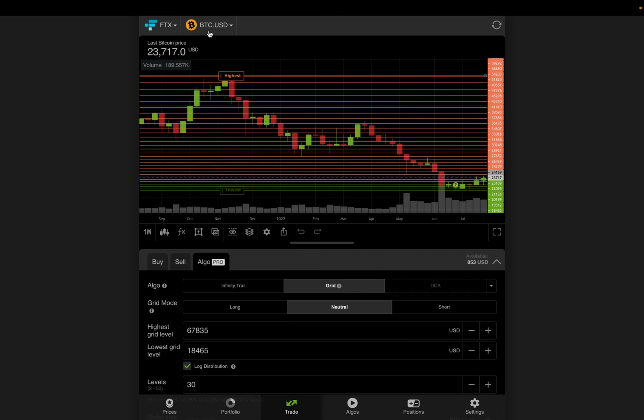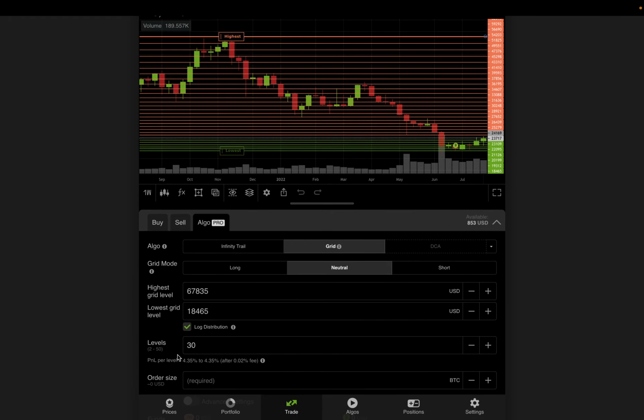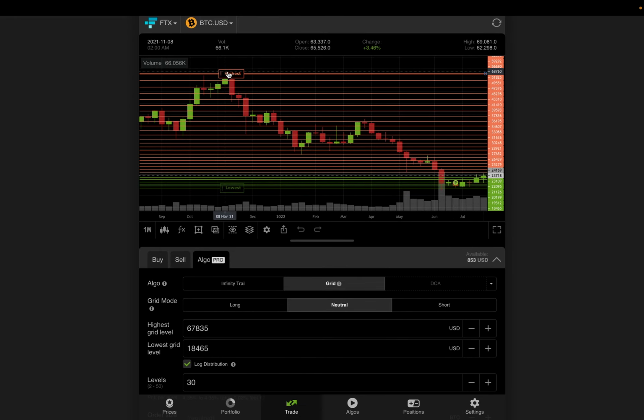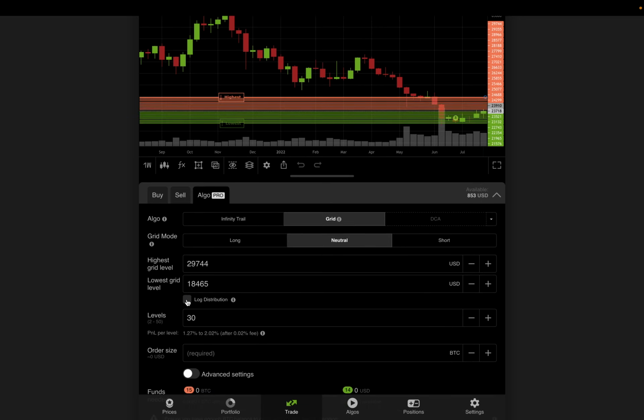For example, you're running not on BTC USD, but maybe BTC ETH, or BNB ETH or other altcoins versus altcoins. So those are grids that can stay within the range for long. And log distribution will give you an equal distribution of P&L per level, of relative trading frequency, and risk. Again, if you're running a tight grid there is not a lot of difference here.